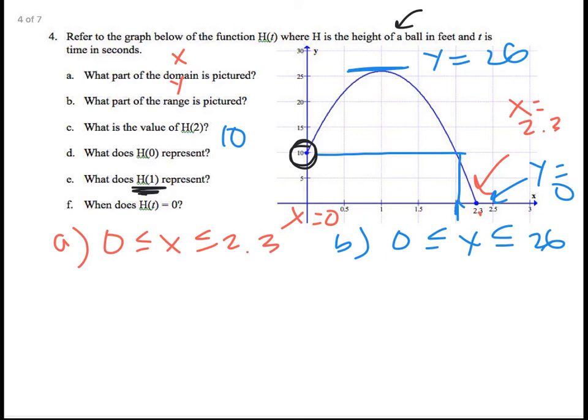Okay. F says when does h of t equal 0? Alright, so this is where we have to be careful again. So what this is saying is that our output is 0. Remember, our output's like our y, so what I'm going to do is I'm going to look where y is 0.